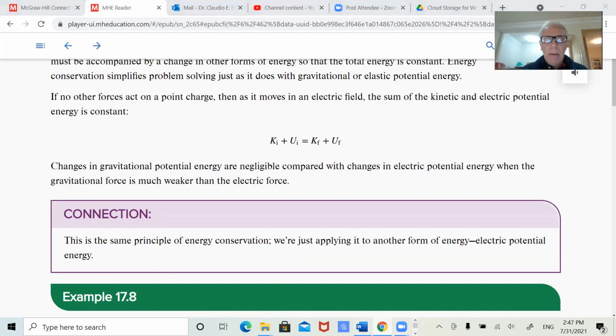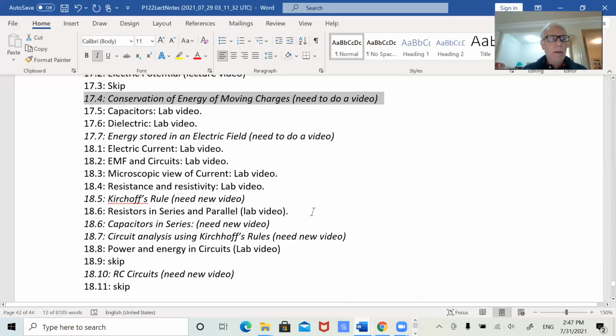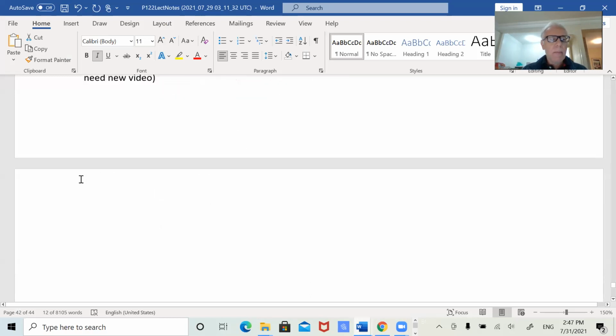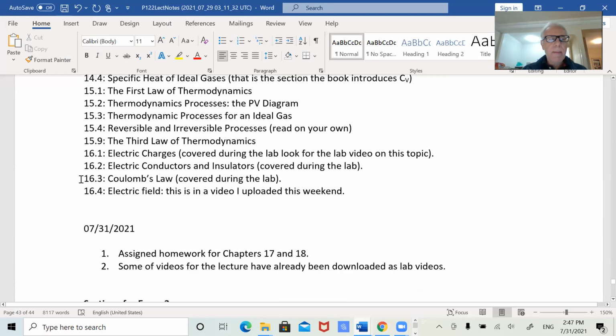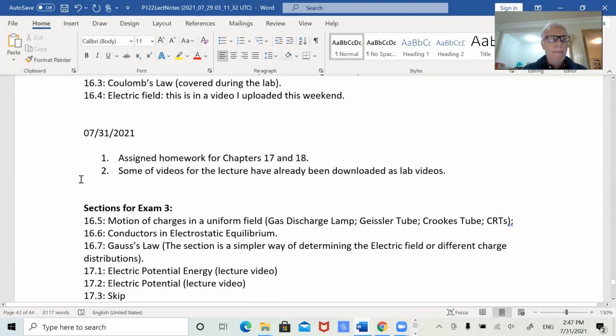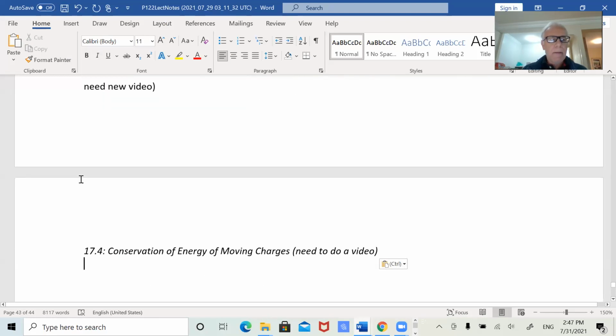Let's go ahead and document here. Conservation of energy of moving charges.